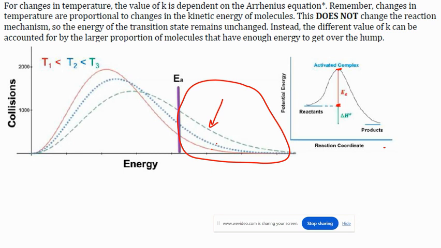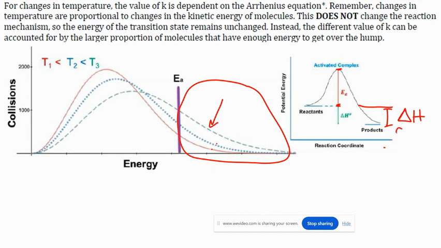And then if you wanted to know how much energy was released in the process, that would be measured here to here. And they would have to give you numbers off to the side, obviously. All you have to do is subtract. And this would be your delta H, which is your enthalpy.